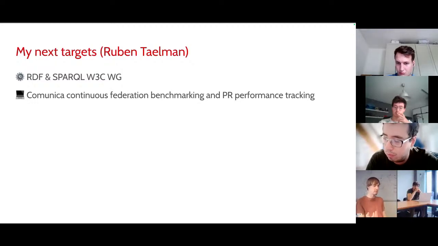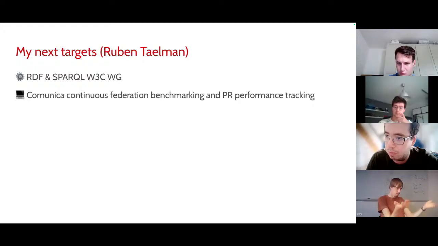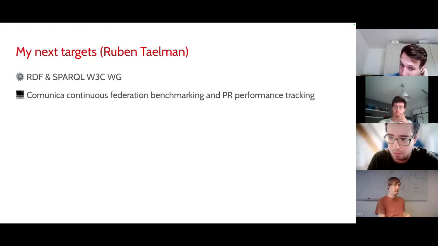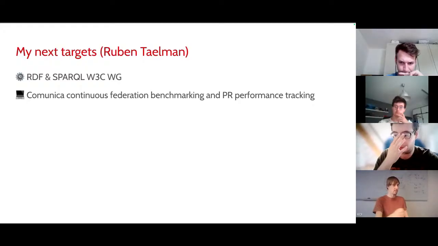So the goal of Comunica is to be agnostic of the types of interfaces and to automatically optimize the query based on the expressivity of this interface. Using these fragment selector shapes, Comunica can detect the expressivity of this interface automatically. So that's the need for these fragment selector shapes.